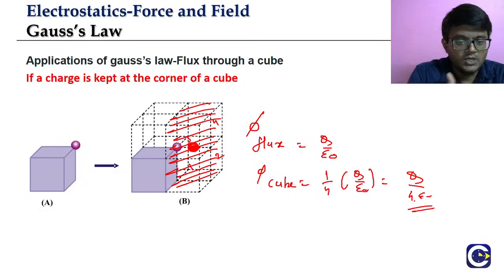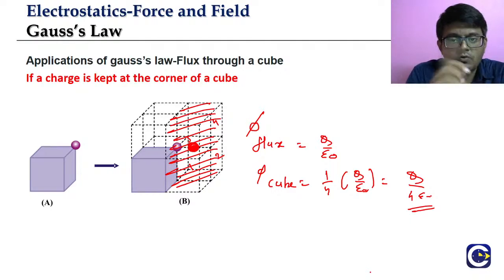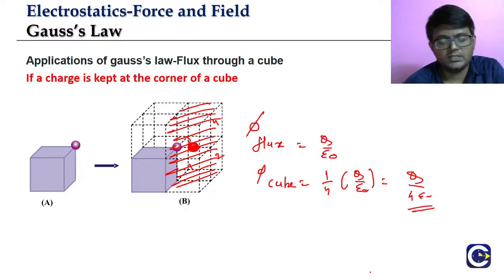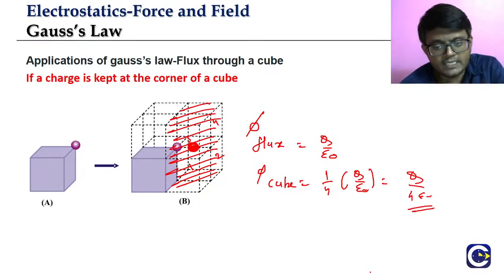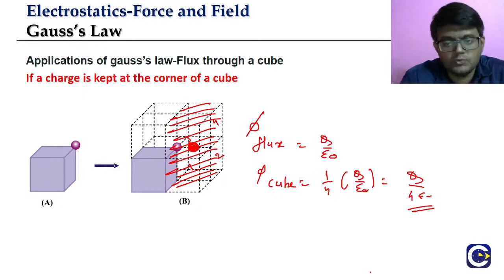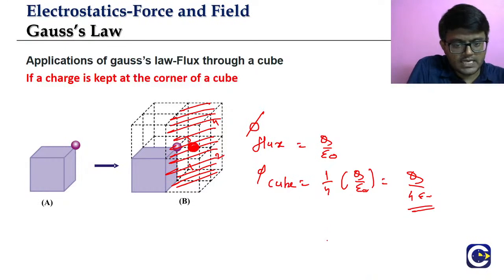Okay, so means what? 4 cubes அது share பண்ணும் edge center. ஓகேவா? அது எப்படி நீங்க இந்த diagram லே பார்க்கலாம். So each edge is shared by 4 cubes. அப்படி இருந்தா then you know the total flux is what? Q by epsilon naught. So flux through each cube in that case will be what? 1/4 of the Q by epsilon. அப்படி வரும். ஓகேவா?